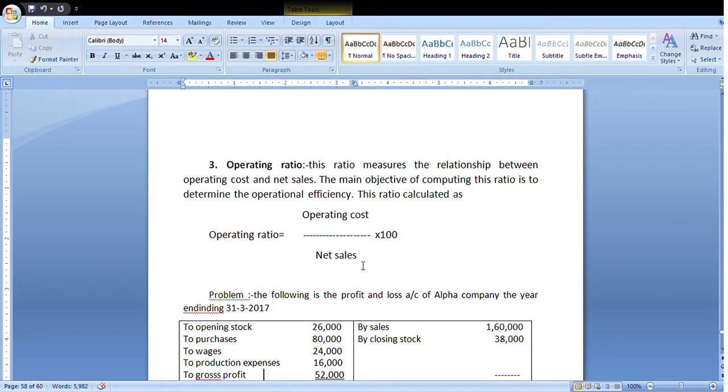These are some important ratios in the profitability ratios. One is gross profit ratio, second is net profit ratio, third is operating ratio.